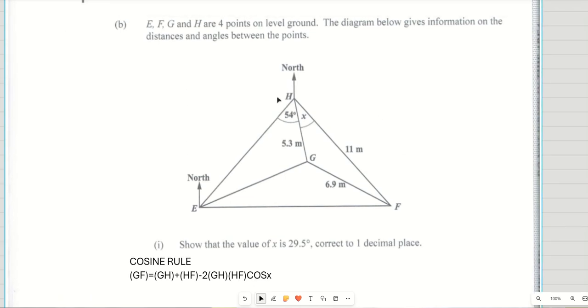Now, in your cosine rule, the side that is opposite x would be our first side, so that is GF squared. GF squared is equal to the squares of the other two sides, which are GH and HF, minus 2 times GH times HF cos x.